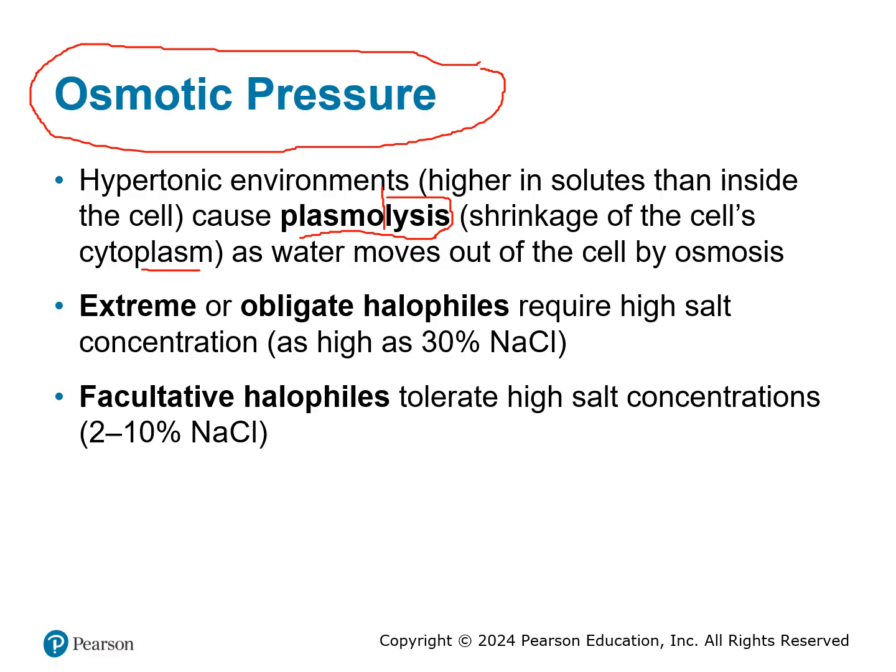All right, now some microbes prefer a very high salt concentration, 30% sodium chloride. Extreme or obligate halophile: halo means salt, phile means love. Halophile, salt loving. Facultative means it can go either way, okay? So it can tolerate high salt concentrations, but it doesn't have to have them.